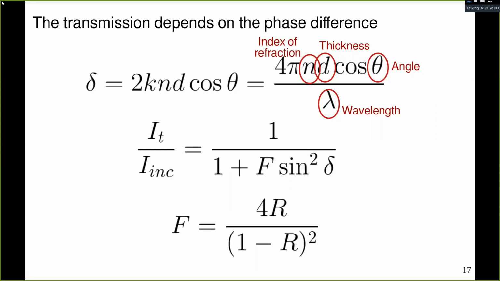And then the ratio between the transmitted and incident intensity is going to be something like this: 1 over 1 plus F sine squared. This should be delta half, sorry for that, I'll fix it when I upload the slides. Where delta is something like this up here. So it depends, as we said, on the angle, index of refraction, thickness, and wavelength.